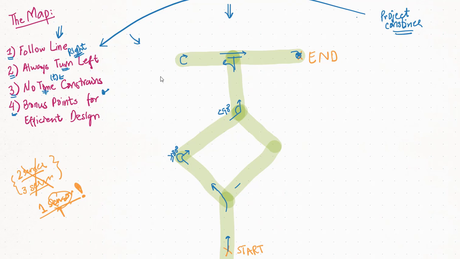So how are we making our robot turn left from this direction? The key is simple. Let's say our robot is standing here, and here is the sensor. It detects that there is a line.